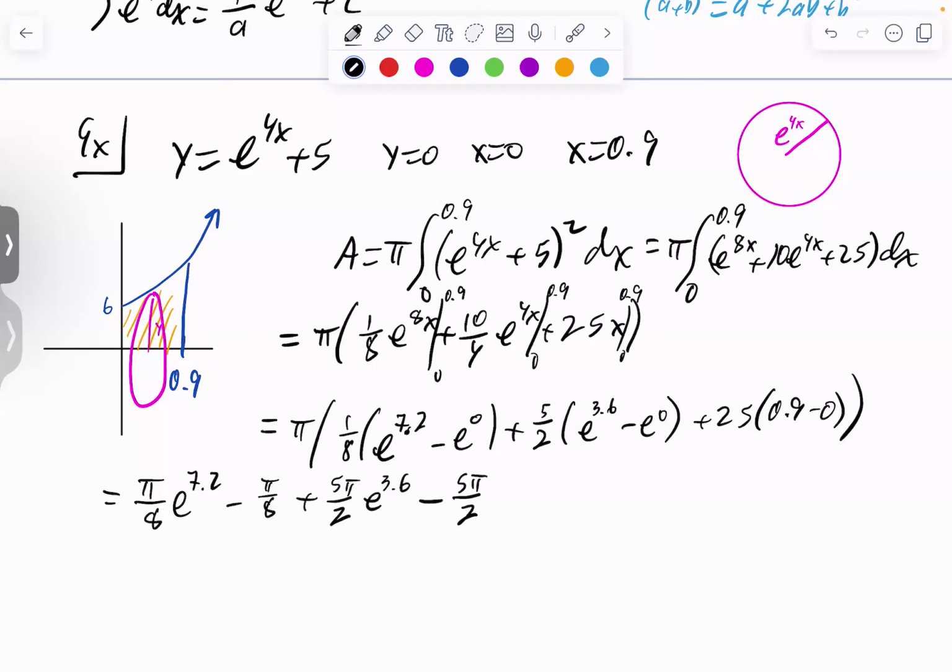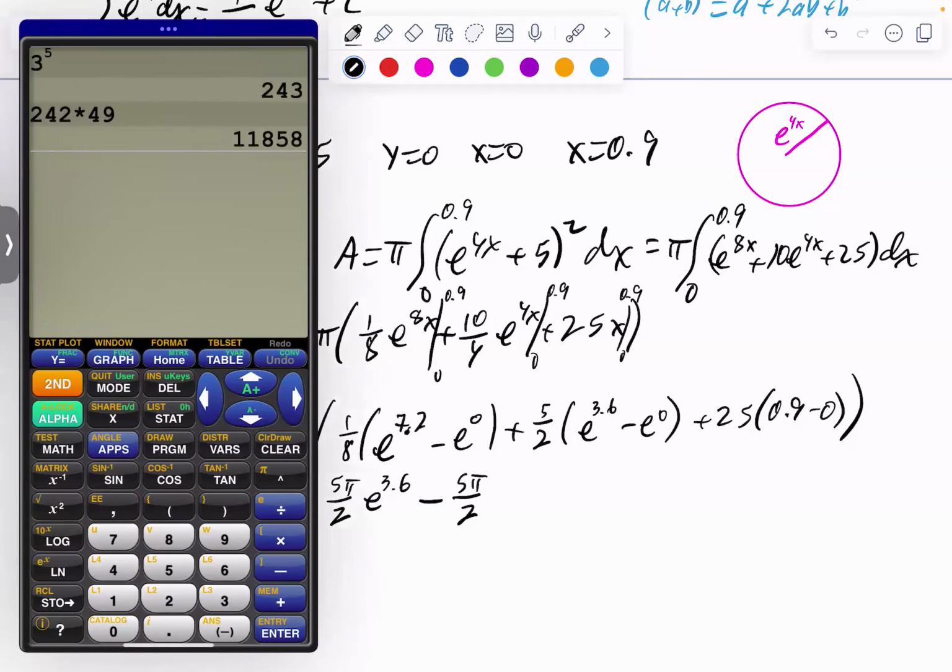And 25 times 0.9 times pi. 25 times 0.9, so this becomes plus 22.5 pi.